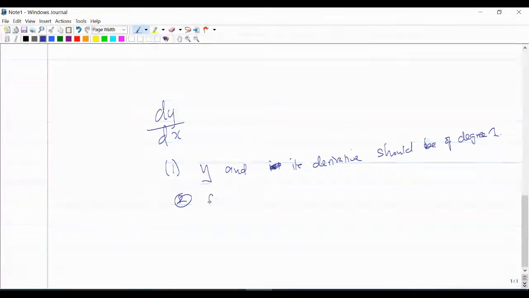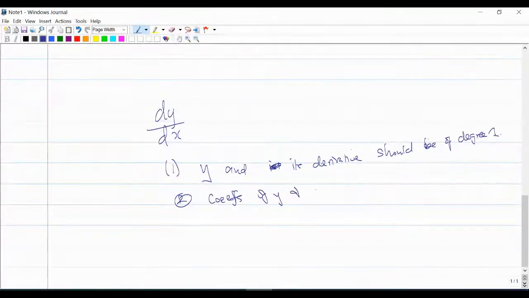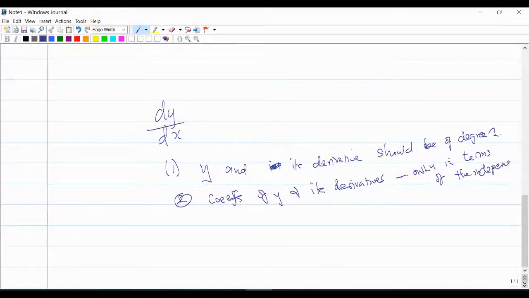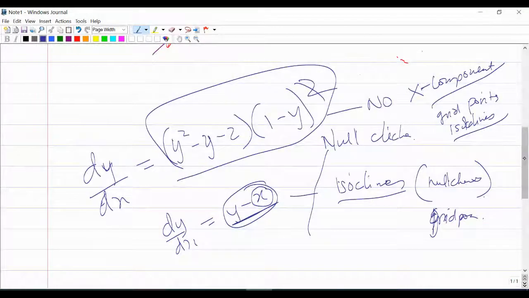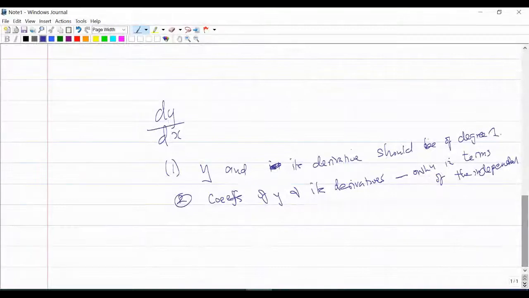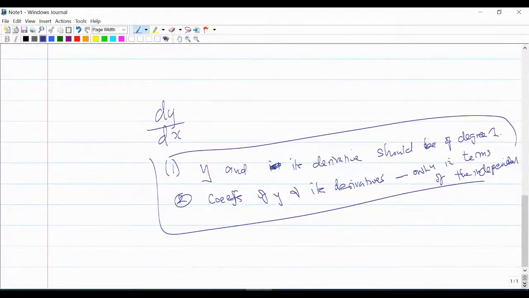Second part, the coefficients of y and its derivatives should be only in terms of the independent variable. If you look at this classification there, these two should be satisfied.